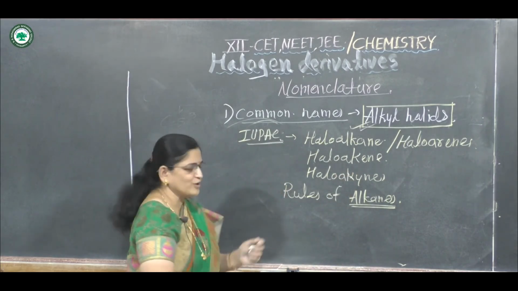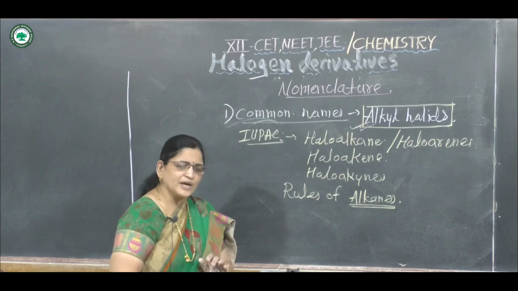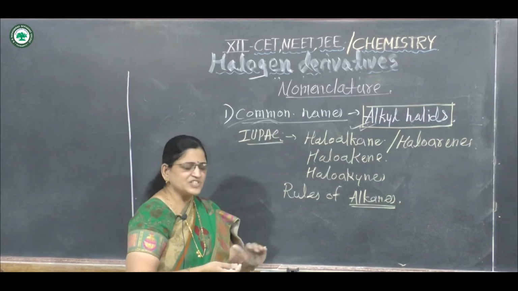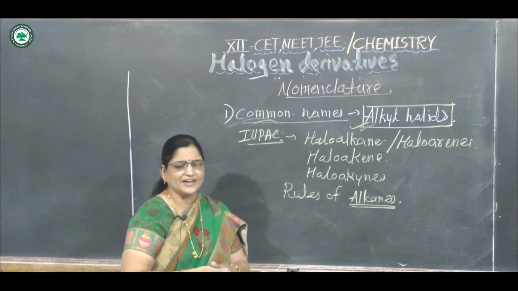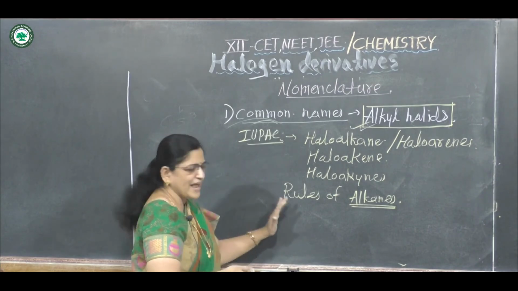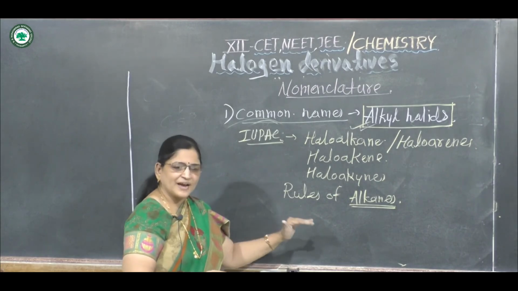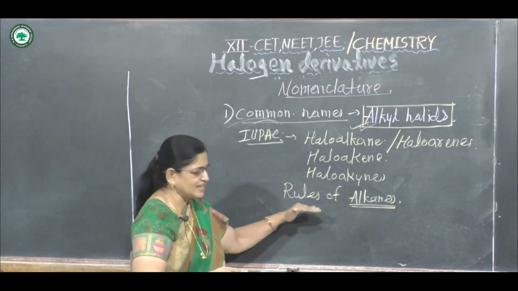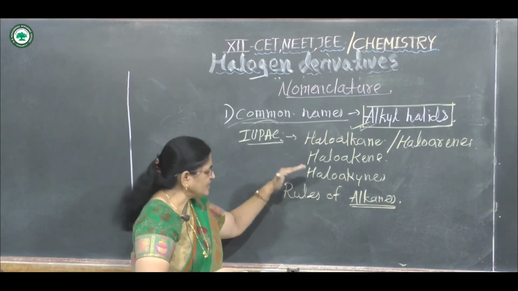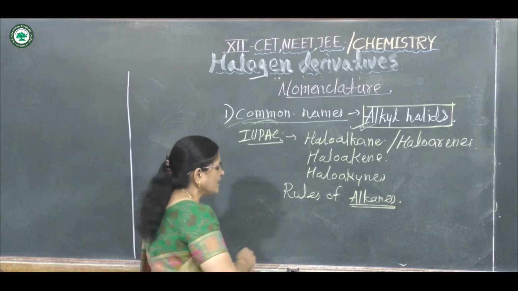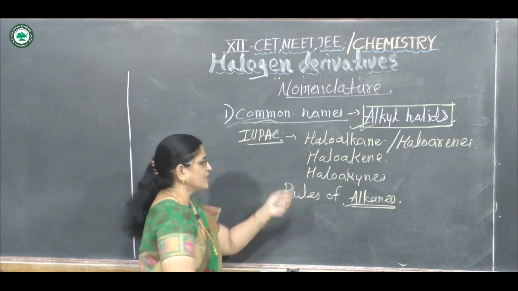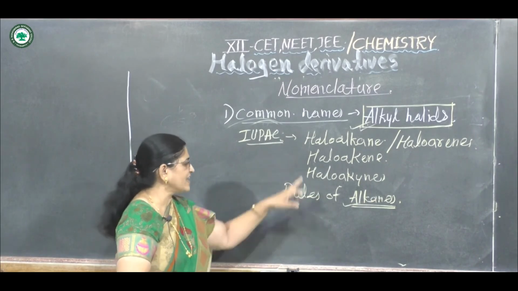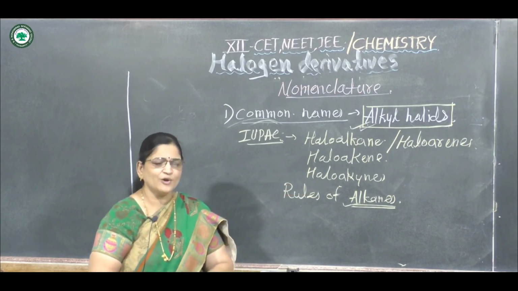Then write numbers from that end which is nearer to the halogen atom. Number the selected branches from that end which is nearer to the halogen atom. In this way, the rules for alkanes are important for haloalkanes, haloalkenes and haloalkynes.